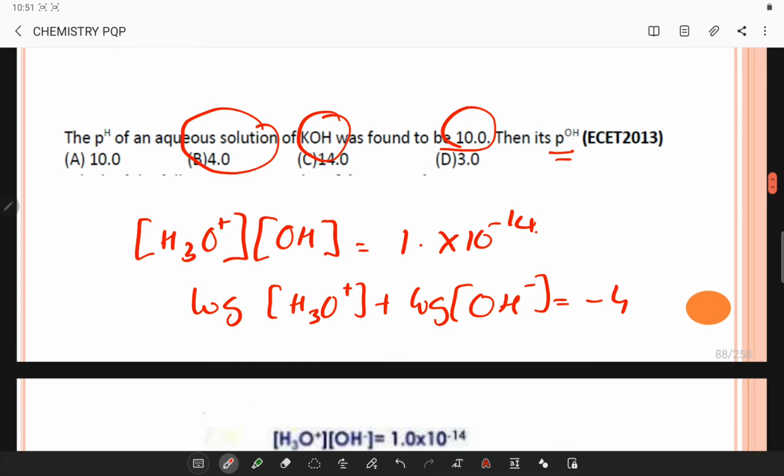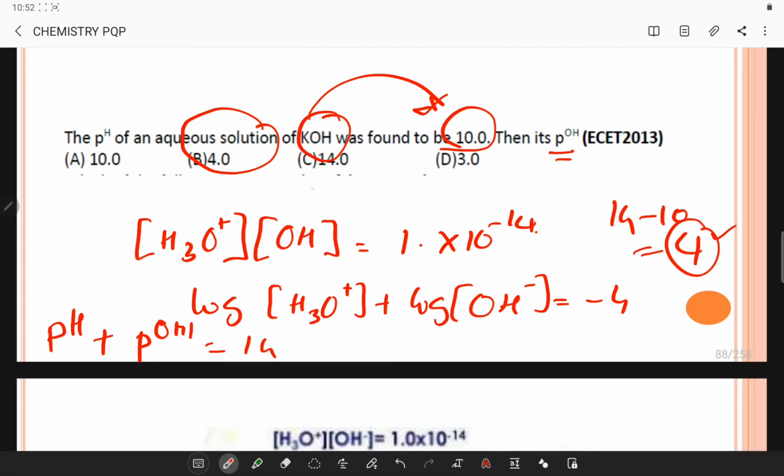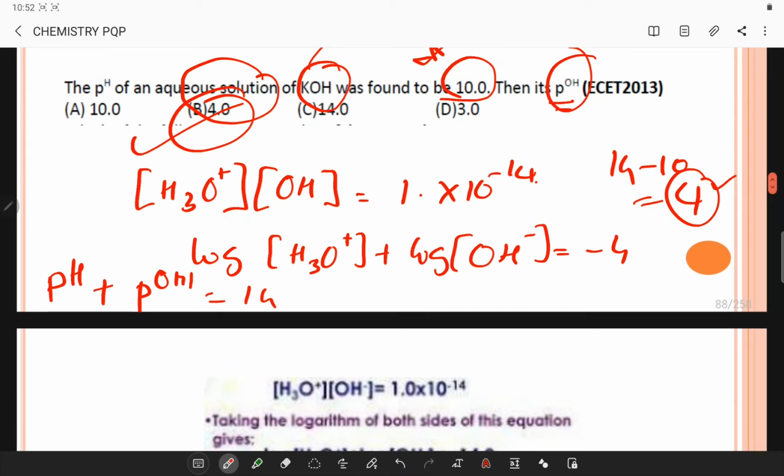So simply I can remember that pH and pOH add up to 14. Already what is given for potassium hydroxide is 10, so 14 minus 10 will be simply 4, which is the pOH.